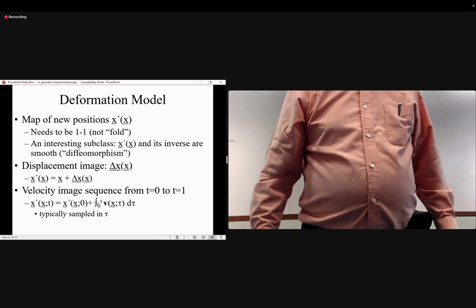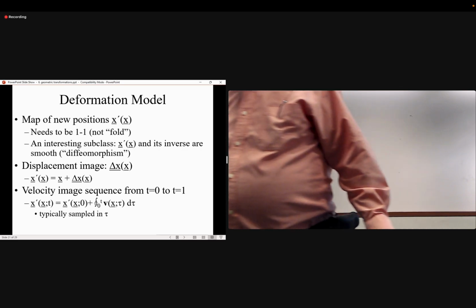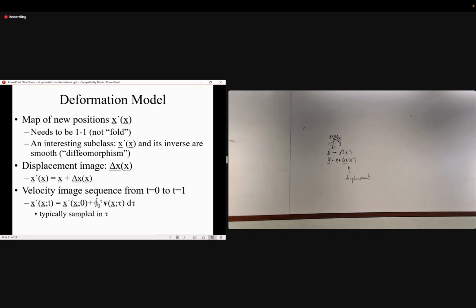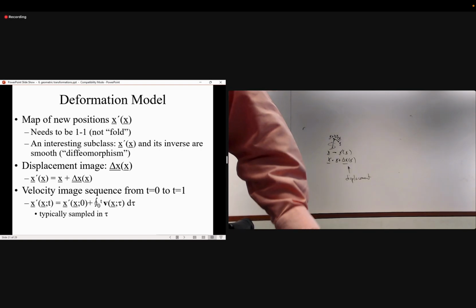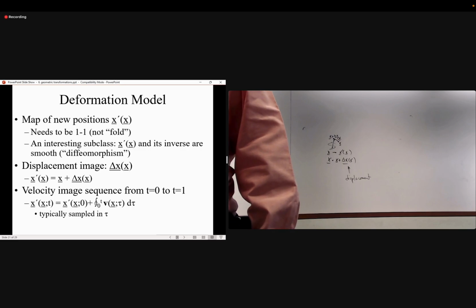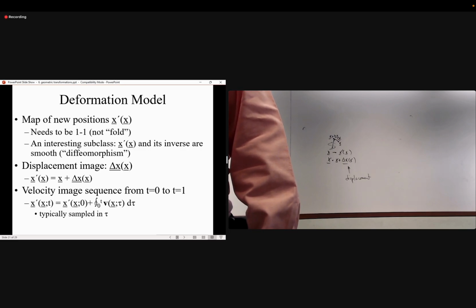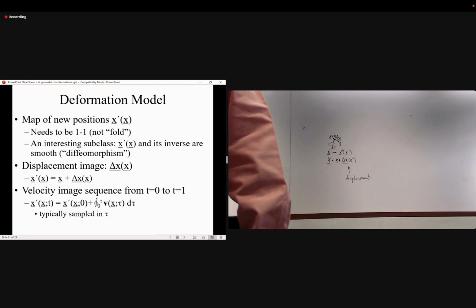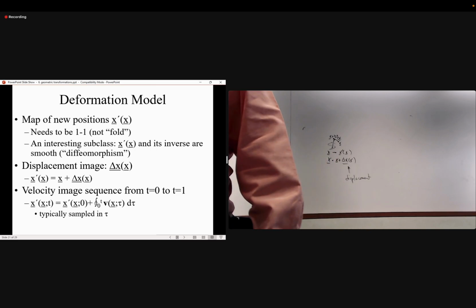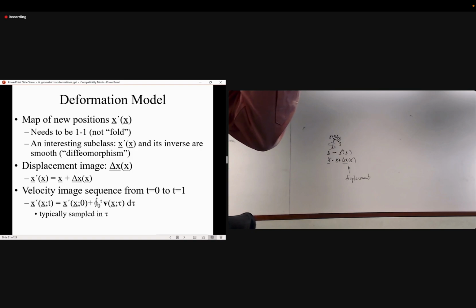If you have a 1,000 by 1,000 by 500 image, that is to say, you have 2 to the 29th voxels, each of which you need a delta x from. And that's way too much to store.